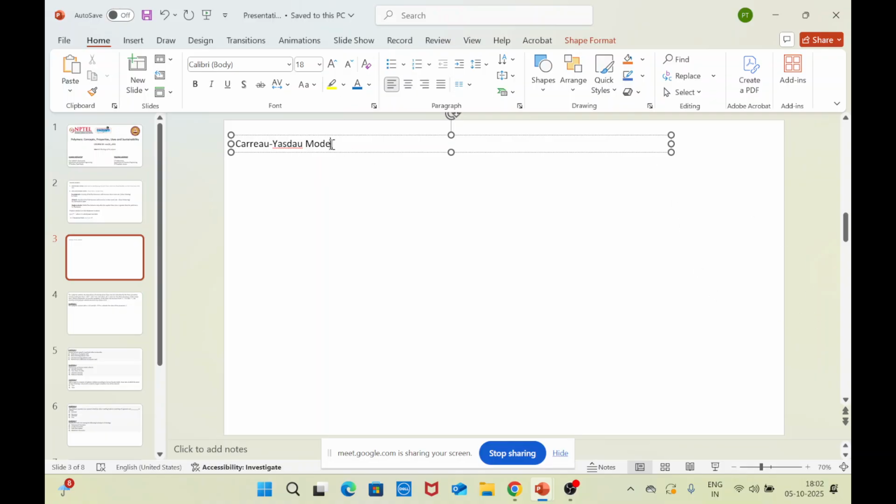So this is the very first specific model that we are going to discuss right now. It is called the Carreau-Yasuda model.